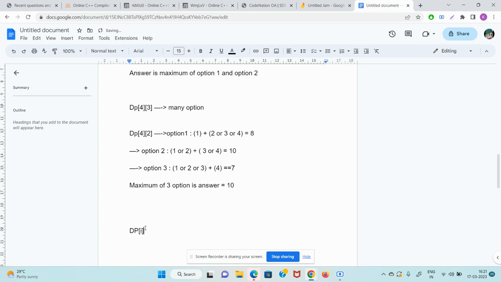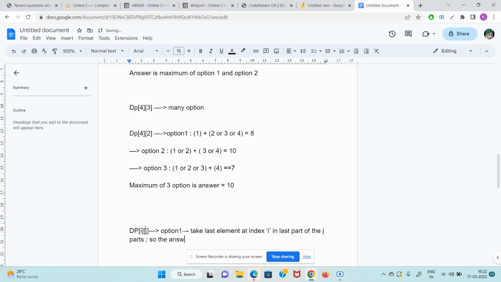dp i of j, option 1. Take the last element at index i in the last part of the j parts.